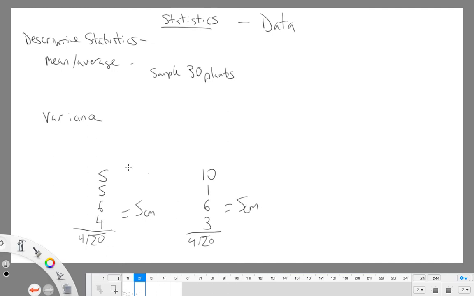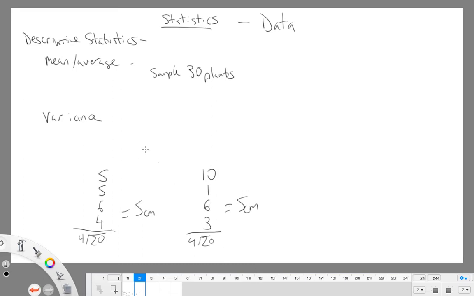So we have 2 different samples here, where in this treatment we have an average of 5 centimeters, and in this treatment we have an average of 5 centimeters. But you can see, if you look at the individual plants, there's a big variation between them. Here, all of our plants tended to be around the average, whereas here, they're much more spread out.